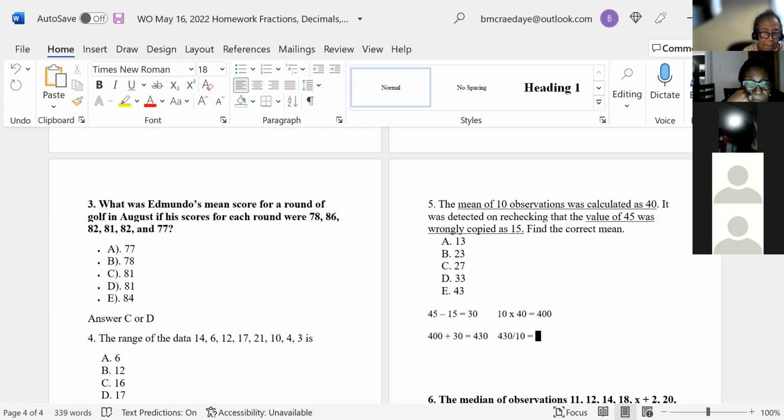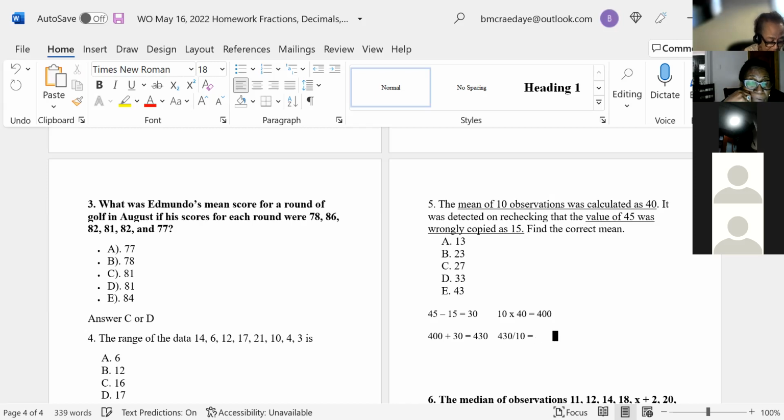That's the math, 430 divided by 10. What number times 10 gives 430? What number do you multiply by 10 and get 430? 10 times 4 is 40, and 10 times 3 is 30. That's 7. No, what number times 10?